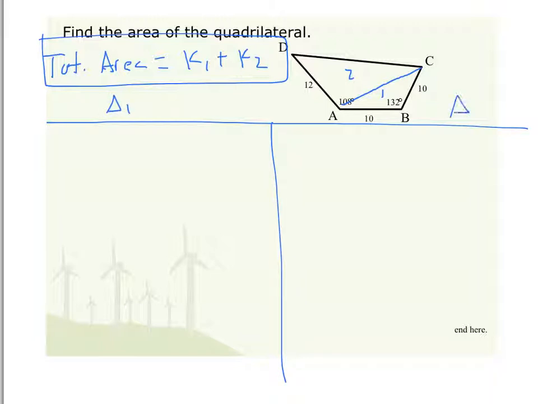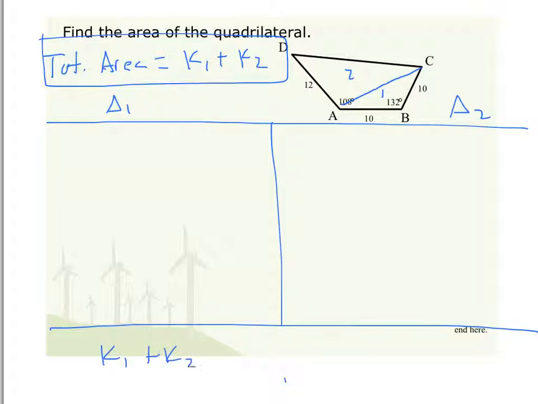We are going to focus on finding their areas separately. And all we're going to do at the end, and in fact, let's leave a little room down at the bottom of our problem here, we'll cut off our work right here, for area 1 plus area 2.